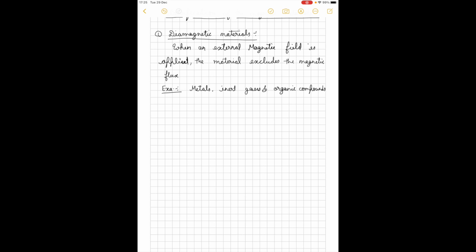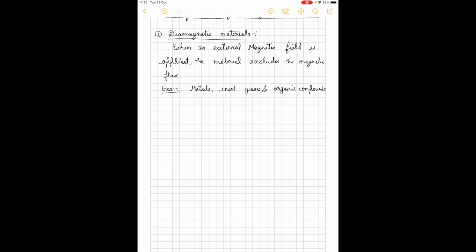In Lenz's law, the back EMF of the induced field opposes the changing current, right? The effect is actually opposing the cause. So it's in a similar way: you apply a magnetic field, and the material inside opposes whatever you are applying. It doesn't want to change its condition. So in some sense, it's like that.